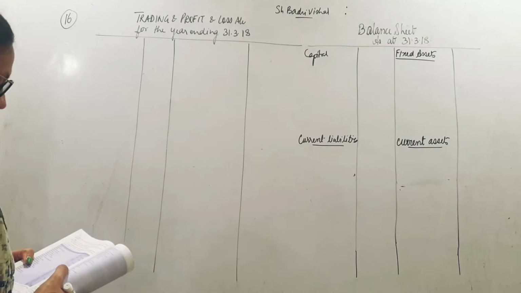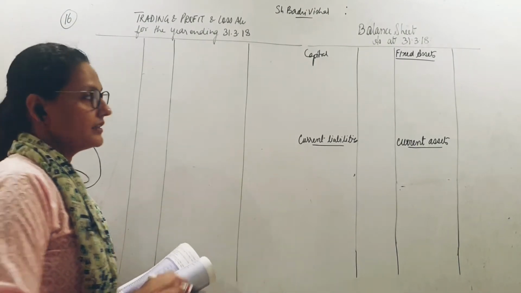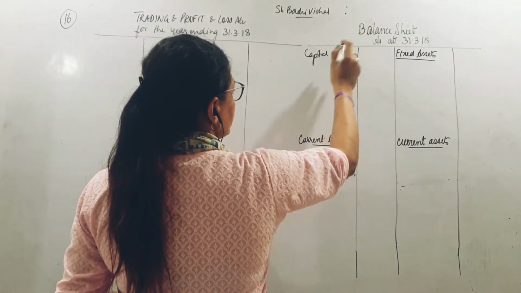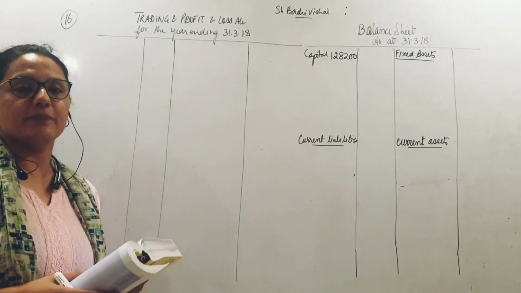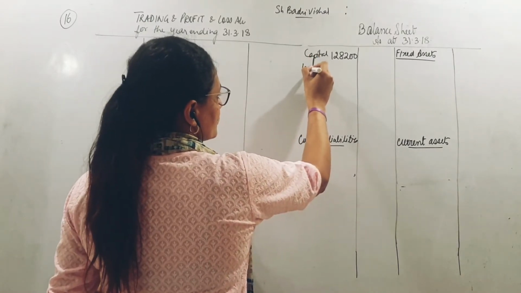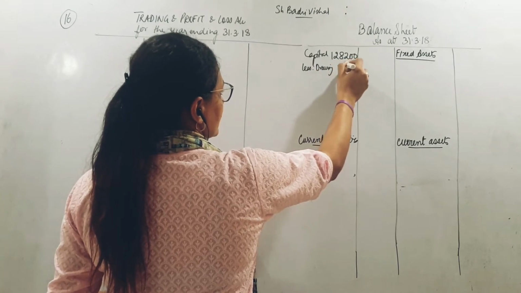Okay, let's start. Capital is given as 1,28,200. I have kept it in the inner column because there will be changes to it. Household expenses meaning drawings. Drawings should reduce the capital.